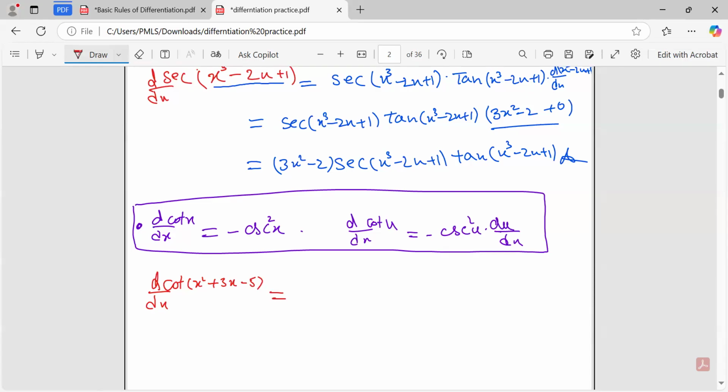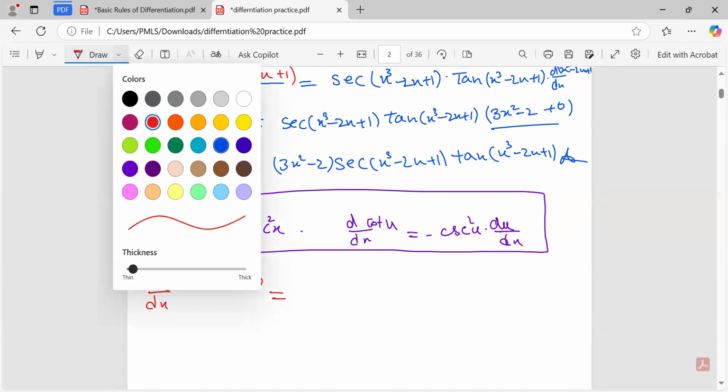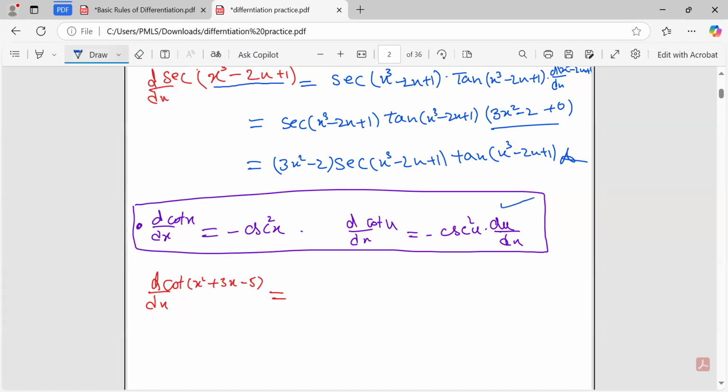So in this case, we know that the derivative of this one will be found this way. This is actually the chain rule. The derivative of cot will be minus cosecant square of x square plus 3x minus 5, and then the derivative of the inside function, that is x square plus 3x minus 5.